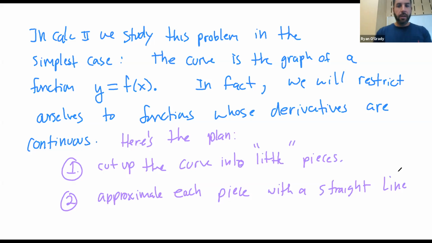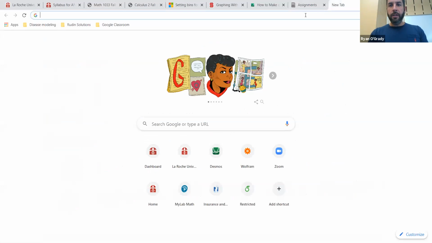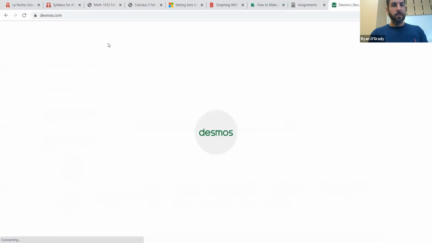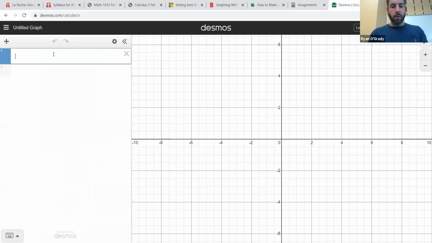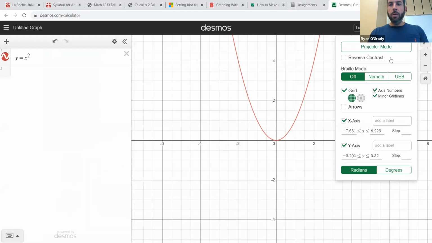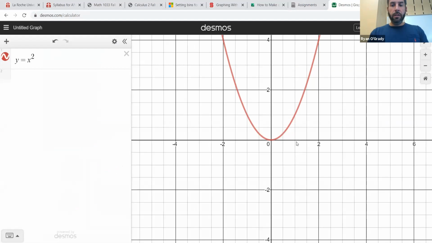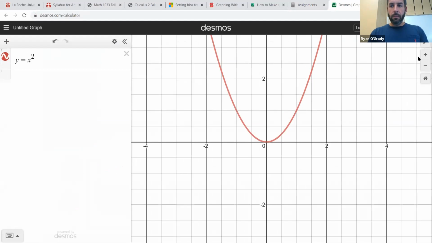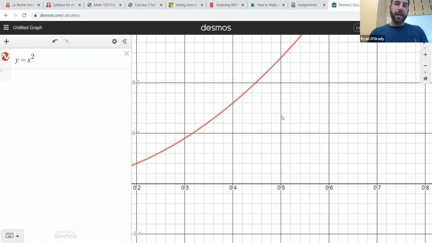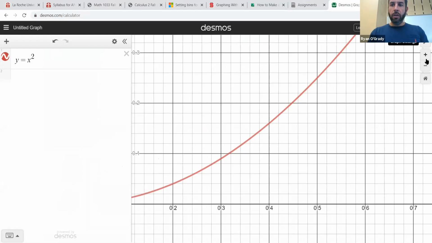Let me beat this dead horse one more time, because I think it's important to do. So you guys should all be seeing my internet. So let's go to Desmos. If you're not seeing Desmos, yell, but I think you're all seeing it. Let's just say y equals x squared. That is a curve. No one's going to argue that's not a curve, right? But if I start zooming in on it and zooming in on it and zooming in on it, I don't care where I pick, eventually it's going to start to look like a straight line.